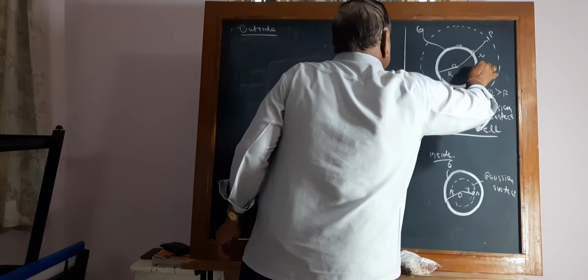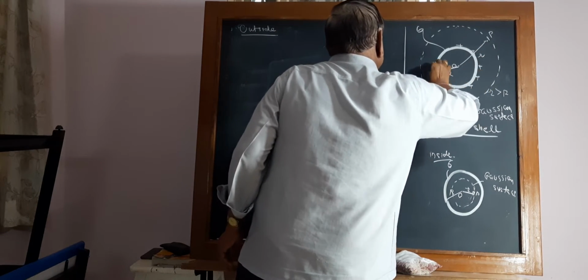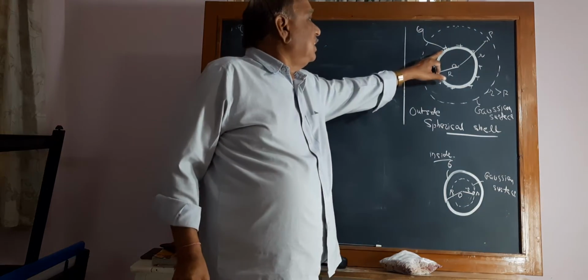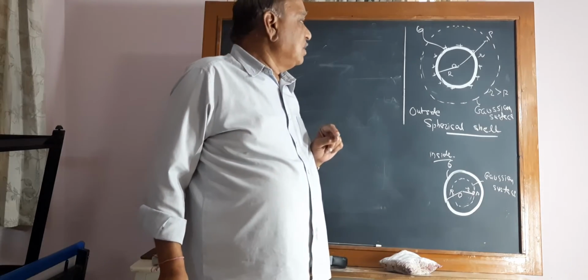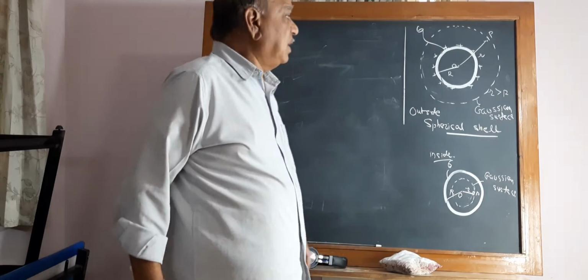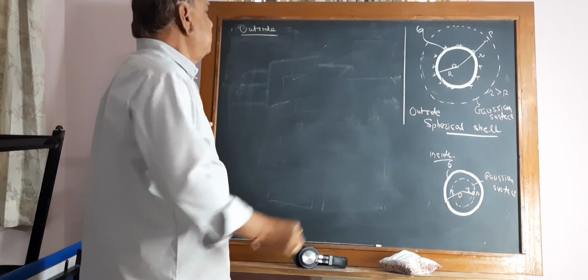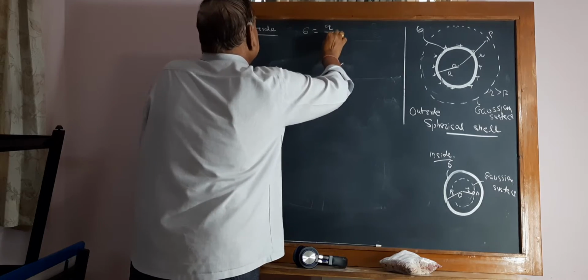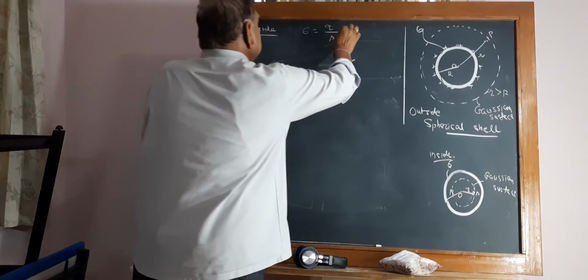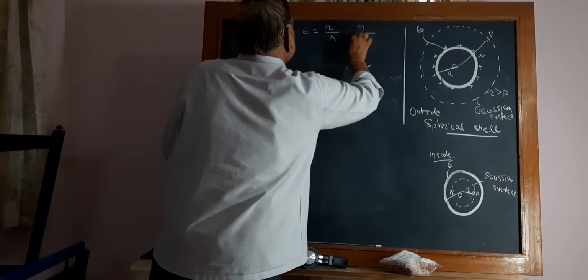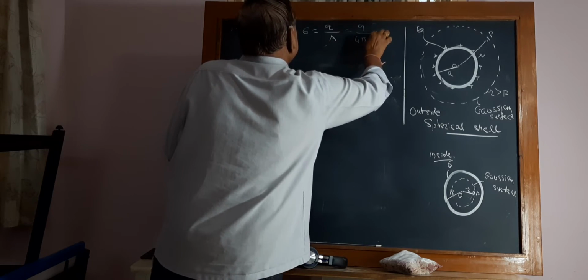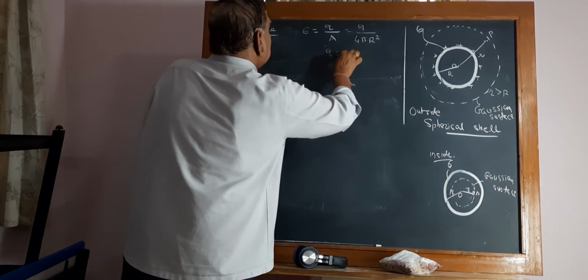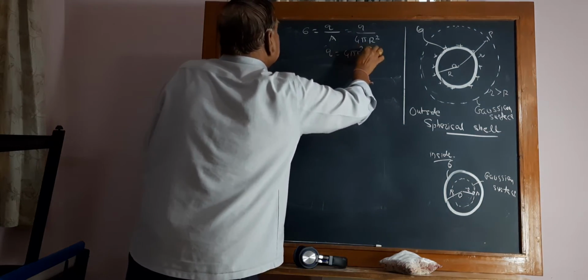So the surface has positive charge, and the surface charge density is sigma. As you know, sigma can be defined as charge by area, means Q upon 4 pi R square, or Q equal to 4 pi R square sigma.